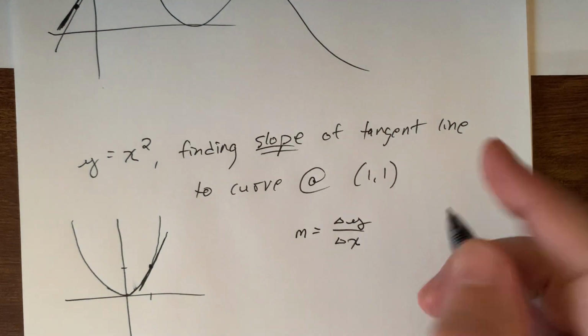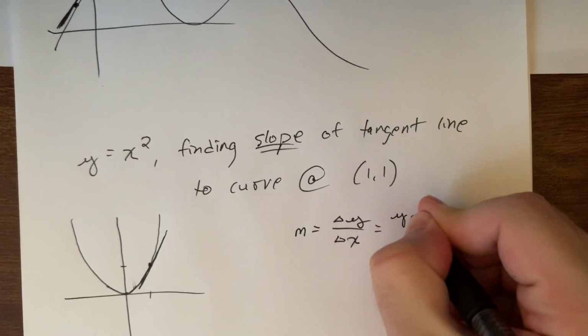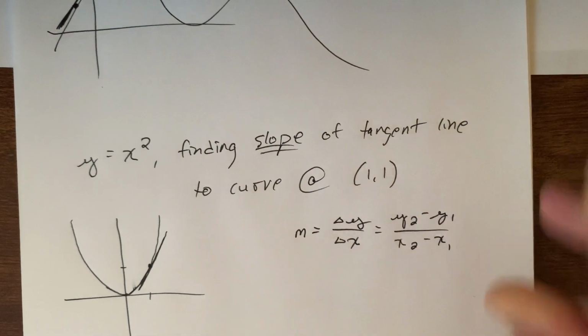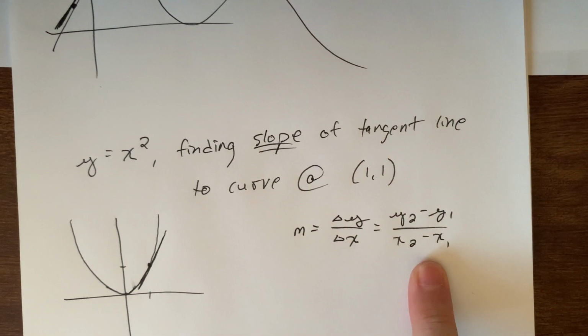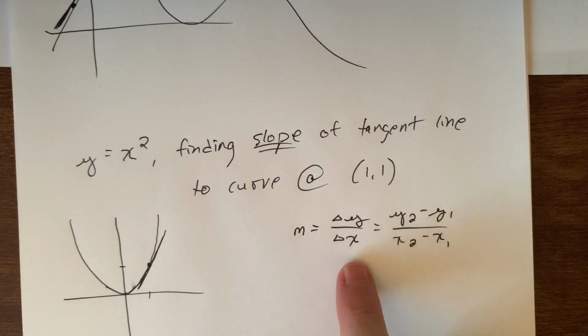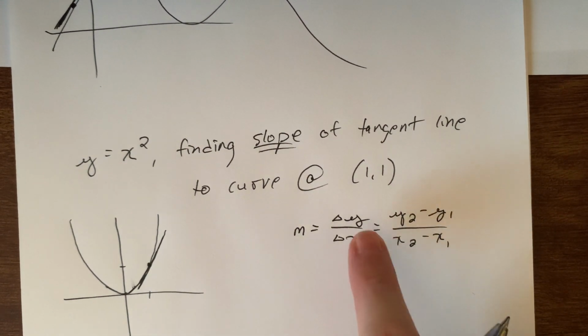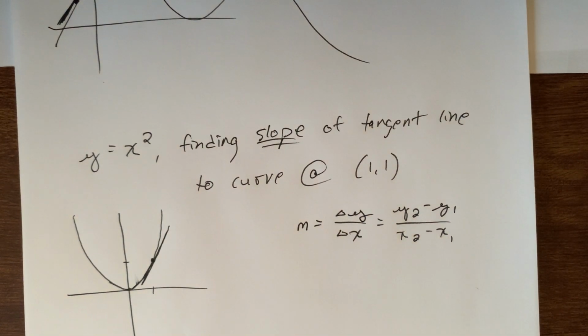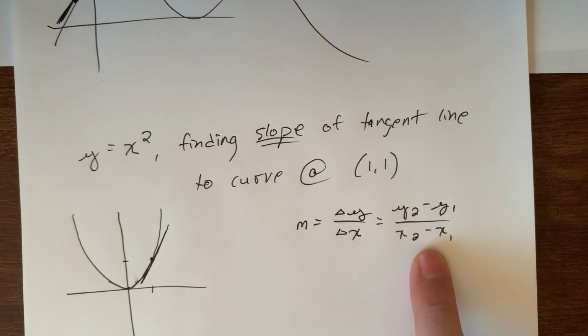But if you're not so familiar with this, no big deal. You're probably more familiar seeing it in this form. The whole basic idea behind this is to find the change in y over the change in x, the concept of rise over run. All these old ideas about straight lines and slope always relied on having 2 points. By having the xy pairs for 2 points, we could plug them in to find the slope.